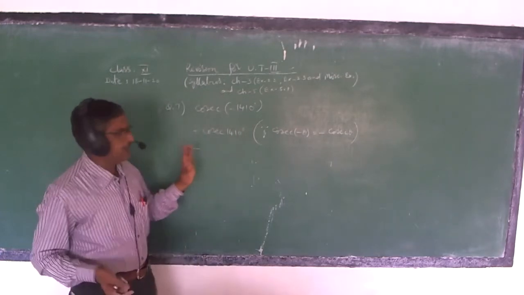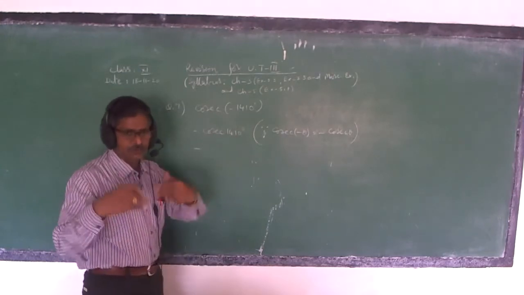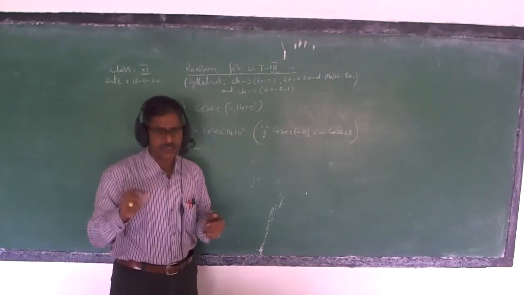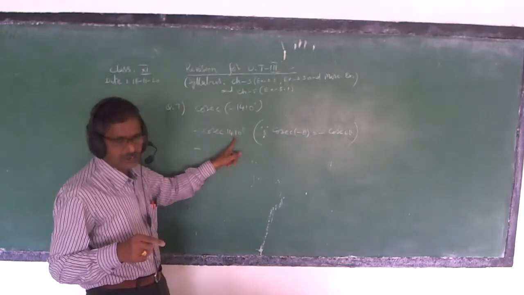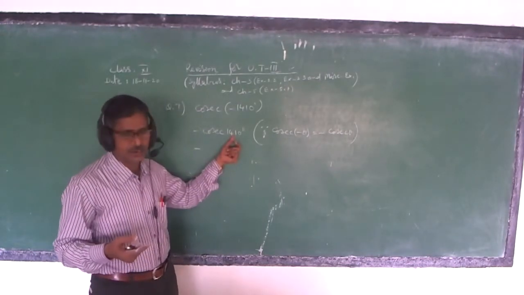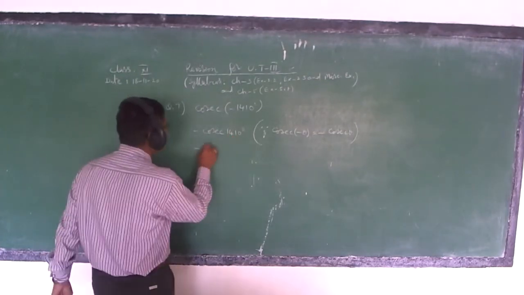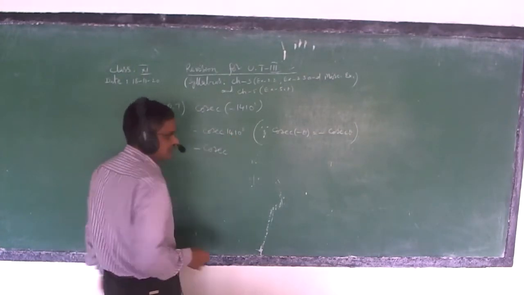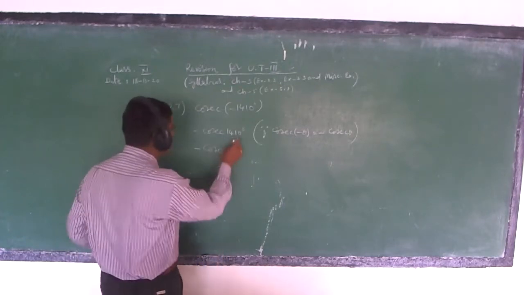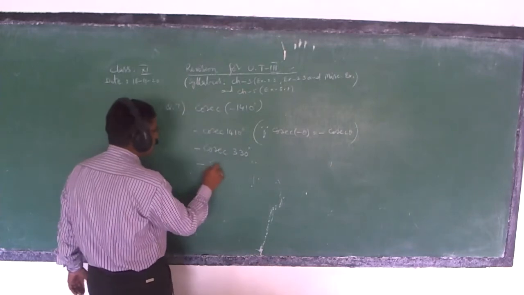This is how we simplify this. There are three complete 360s: 3 into 360 degrees is 1080 degrees. If we take 4 complete 360s, that is 1440, more than this angle. So take three complete 360s. Subtracting 1080 from this, we get minus cosecant 330 degrees.